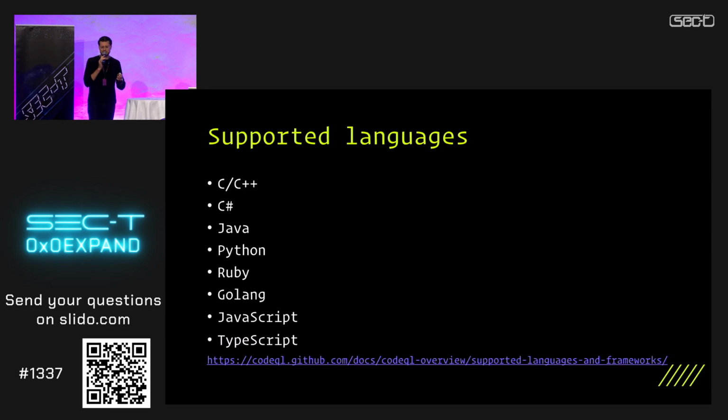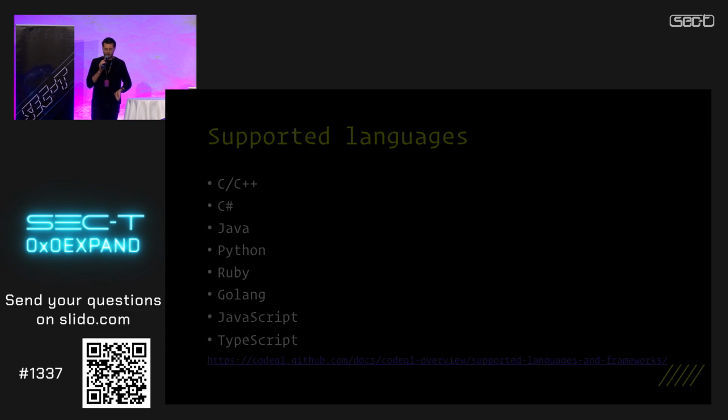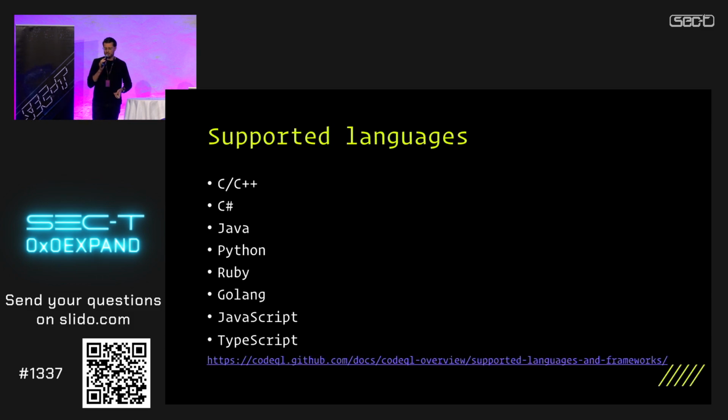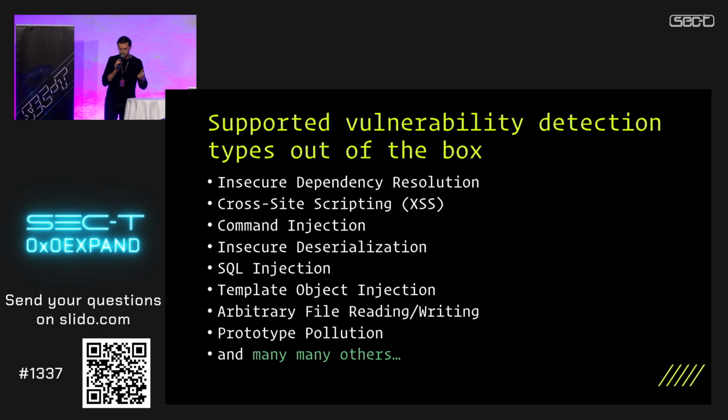Take a look at the list of supported languages. You can see many mainstream languages here. I focused on JavaScript and TypeScript in my research and work more with these languages and standard libraries. But you can use one tool to analyze many applications in different languages in different bug bounty targets.